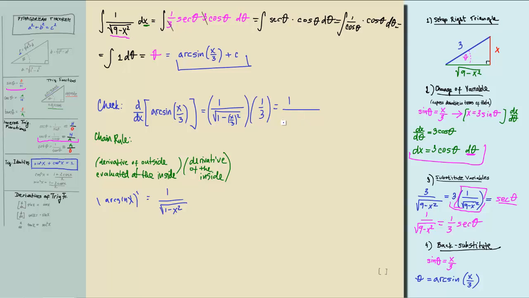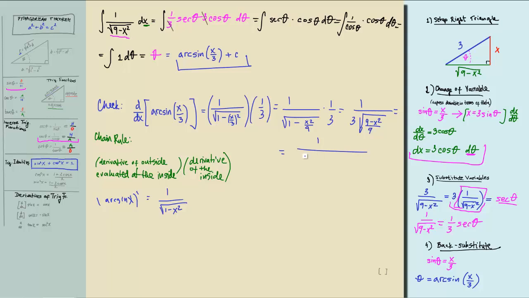So it's 1 divided by the square root of 1 minus x squared divided by 9, times 1/3, so it's 1 over 3 times the square root of 9 minus x squared divided by 9, which is just some tedious simplification right now.